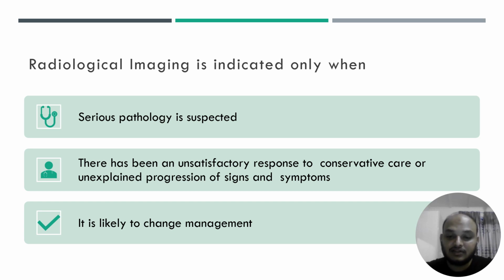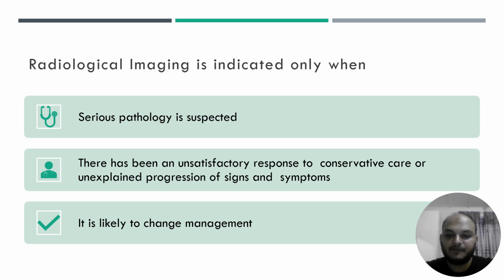His pain has provoked, his signs and symptoms have gone from bad to worse, and we could not understand why it has happened. So we asked them and we don't know. So in this context, again, the problem can be better evaluated using imaging. Last but not the least is when you think that it will change your management.